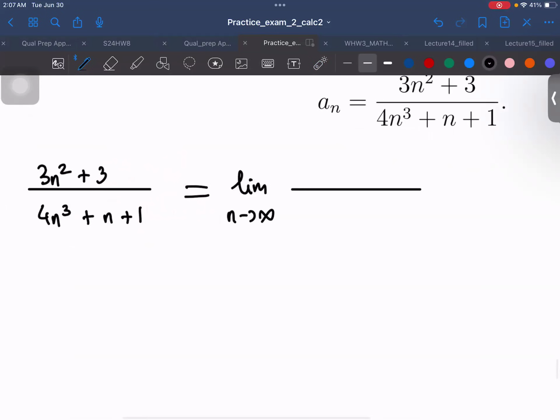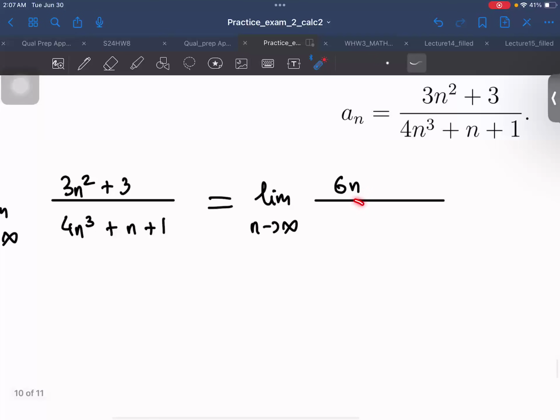I have 6n, because the derivative of 3n squared is 6n and the derivative of 3 is 0. The derivative of 4n cubed is 12n squared, the derivative of n is 1, and the derivative of 1 is 0.